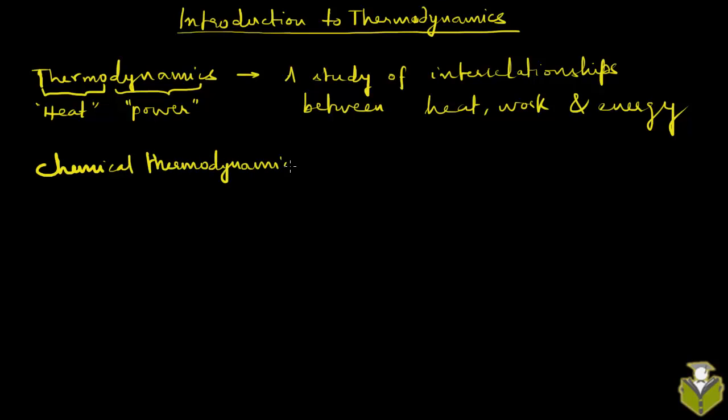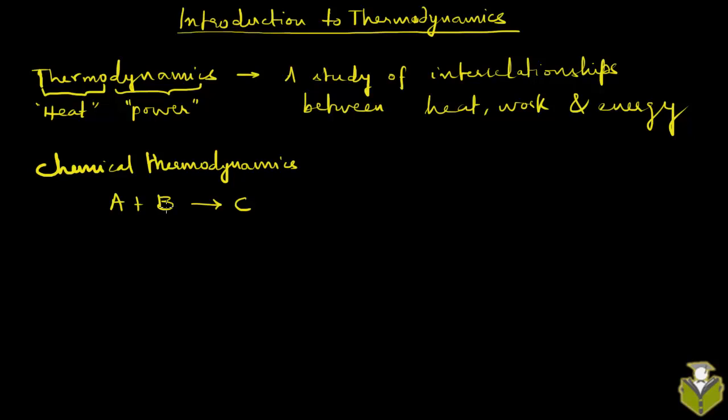This branch of thermodynamics basically deals with energy interconversions and chemical reactions, and it gives us a lot of information about these chemical reactions at equilibrium. First of all, this can tell us if a particular reaction will happen or not. Let's say you have two reactants, A plus B, giving rise to C. It will tell us if this particular reaction is energetically feasible or not.